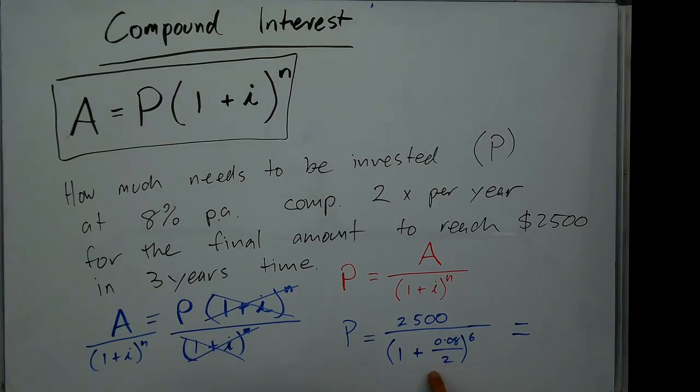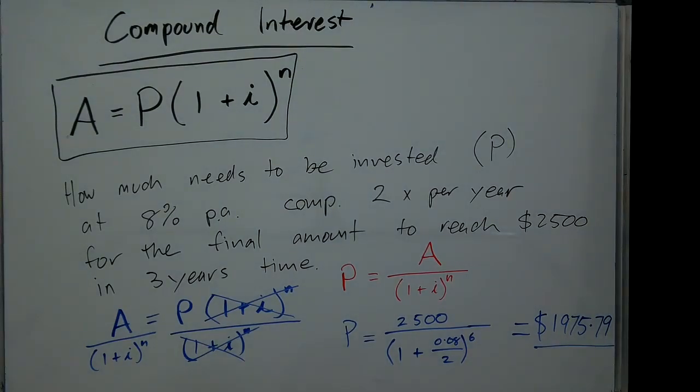So I've calculated this bit to the power of 6. And because my calculator has an answer button, I can now say 2,500 divided by the answer. And we get 1975.79.